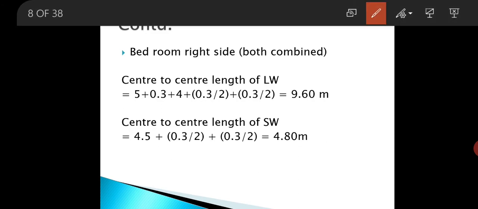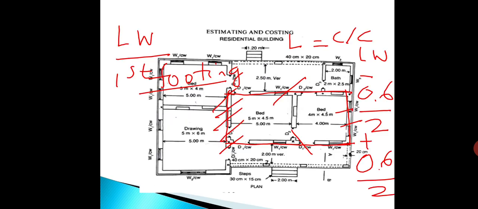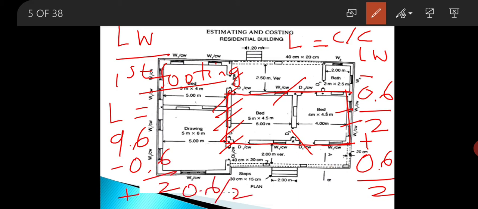So, this is the calculation of long wall and short wall for this second part. So, here center to center length of the long wall is 9.6. Therefore, the net length will be 9.6 minus 0.6 by 2 plus 0.6 by 2. So, net length will be 9.6.